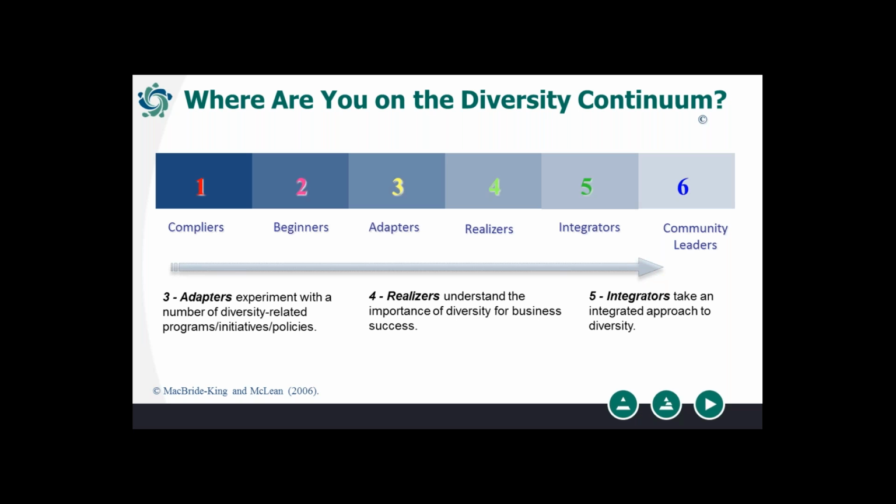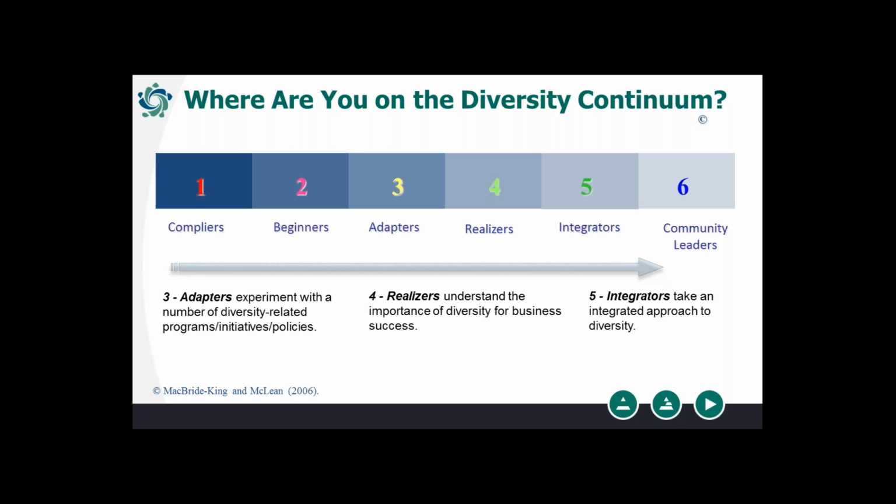And the last, which I didn't put up here, is community leaders. We could put a handful in this bucket, but these are organizations whose leaders are engaged in community-wide efforts to educate and inform others about the importance of diversity, and they're active proponents and supporters of community diversity-related initiatives.